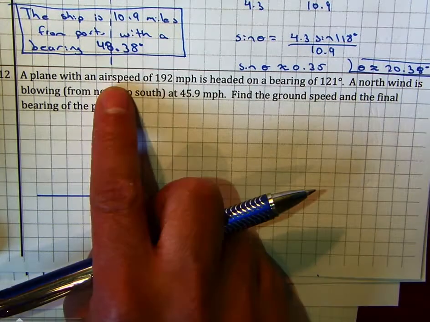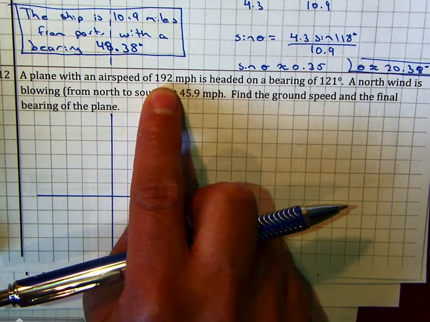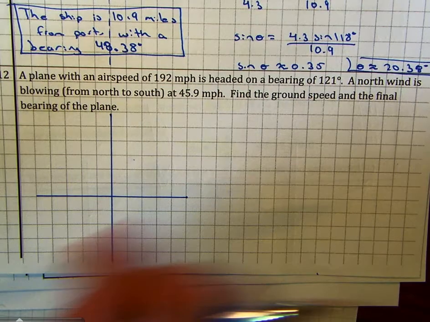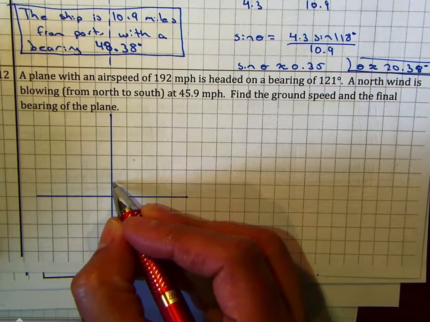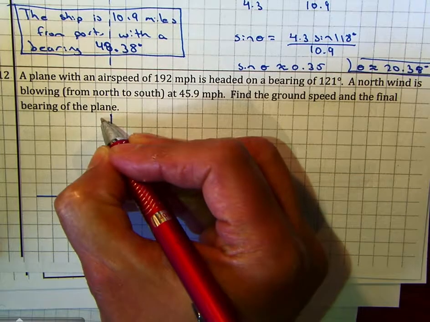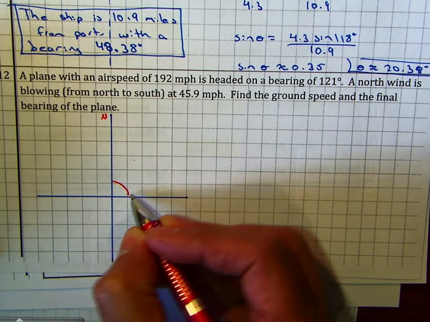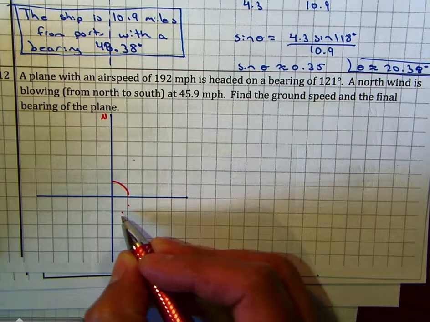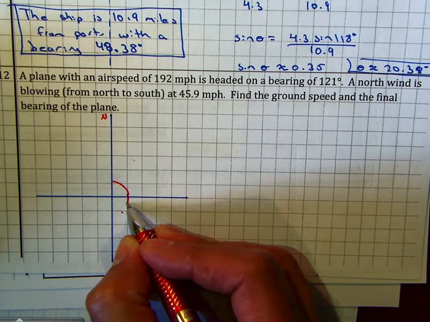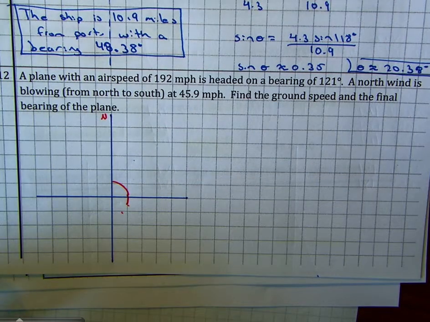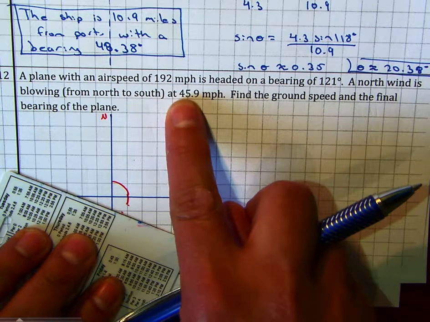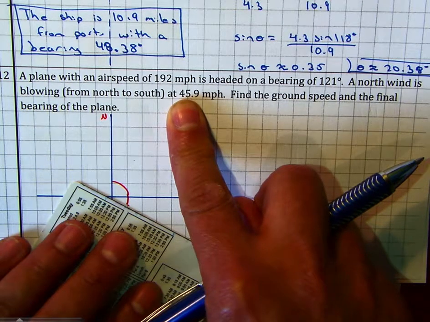So a plane with an airspeed of 192 miles is heading on a bearing of 121 degrees. So let's see, this is 90 from the north towards the right. 90, how much more? 31 more degrees, so around here. Now this is 192, the next one will be much shorter, so I'm going to make this one a bit longer.